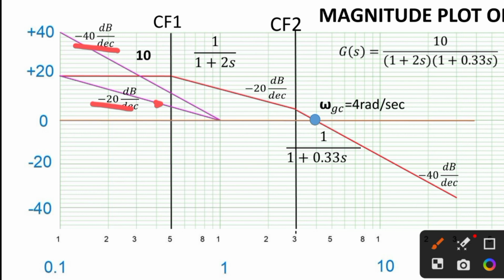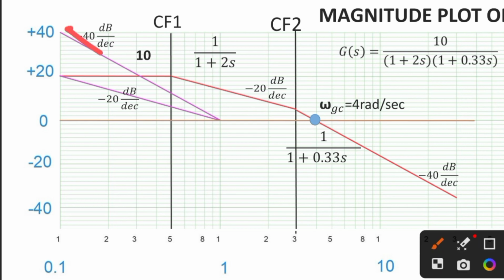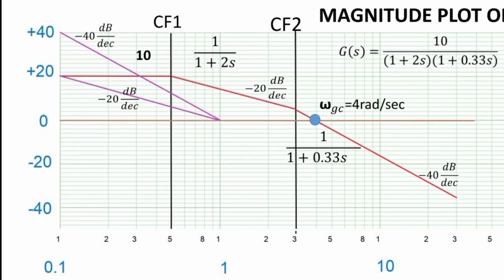So I redraw the 20 dB per decade. This is the meaning. And another thing is 40 dB per decade. So this is the reference line, 20 dB per decade and 40 dB per decade. 20 log of 10, we get gain as 20 dB.